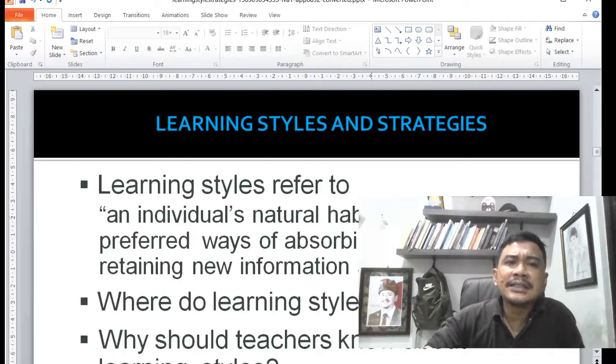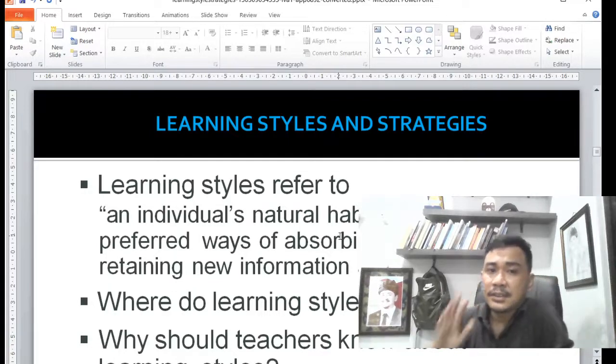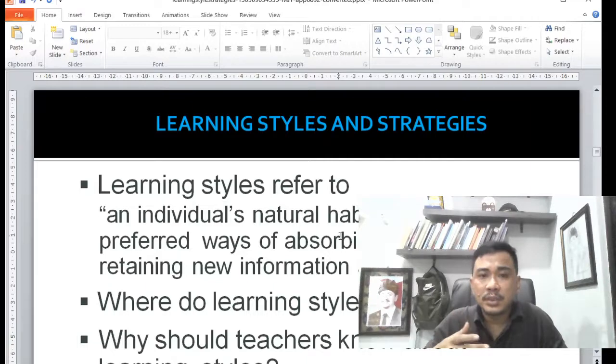Next, learning styles refer to an individual's natural, habitual, and preferred ways of absorbing, processing, and retaining new information and skills. So it's habitual. Habitual means you have experienced a lot of things in your life, and all of them construct your habits.